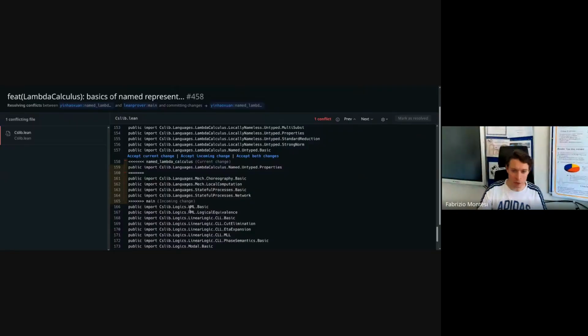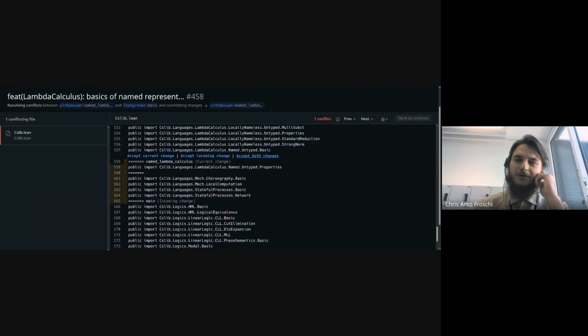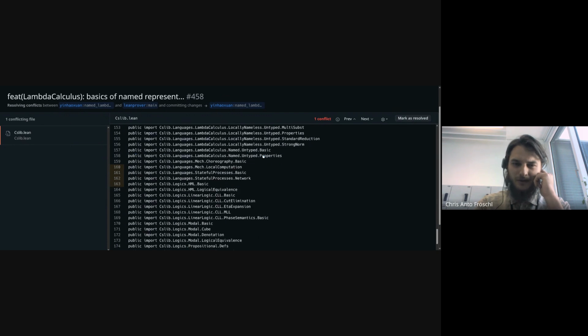Because I think Chris Henson just said that he's fine with it, I think there are just merge conflicts or something. It's only in the CSLib file, so probably. I'm not sure who's supposed to close those, because I think the PR opener didn't do anything since then.